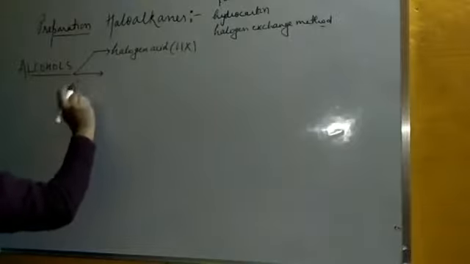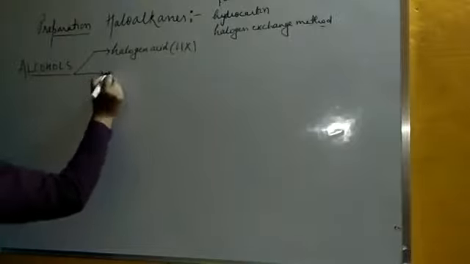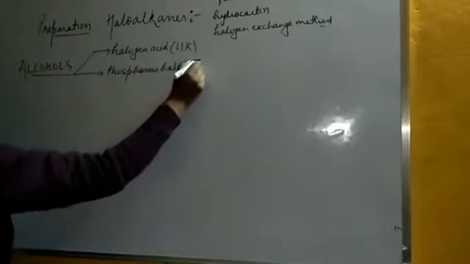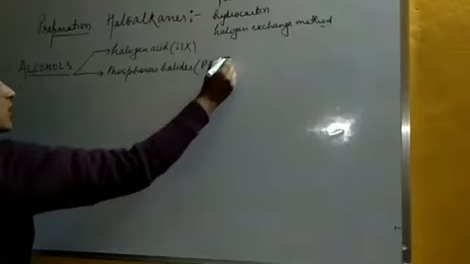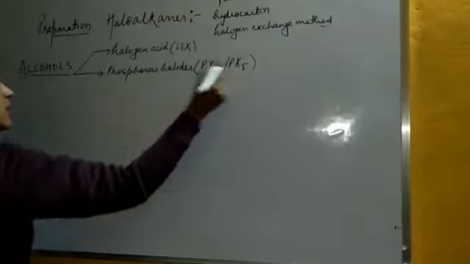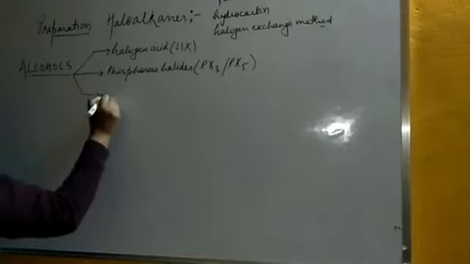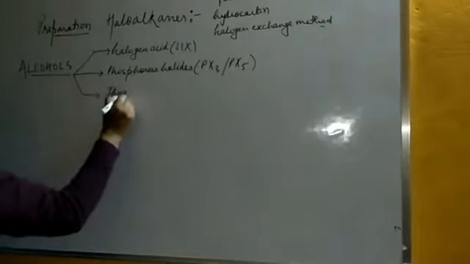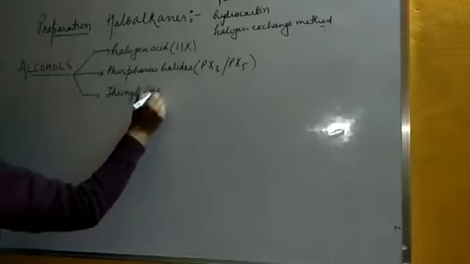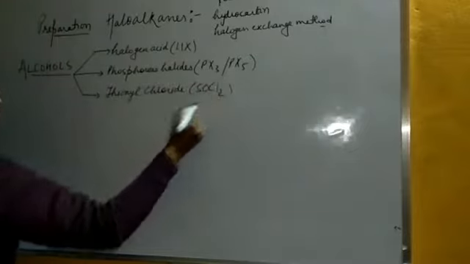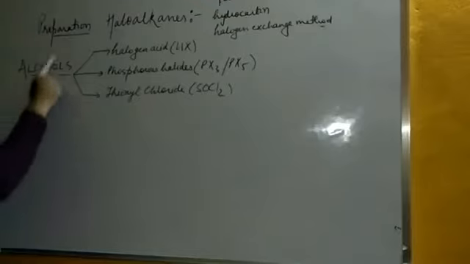Second is by reacting them with phosphorus halides, PX3 or PX5, or we can prepare them by reacting with thionyl chloride, that is SOCl2. So we will move step by step.